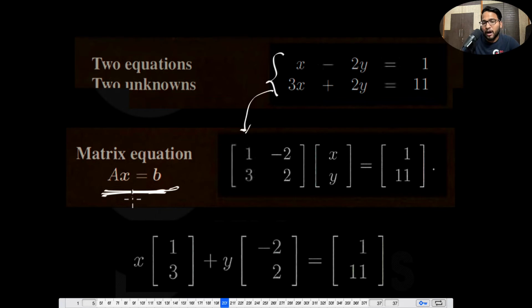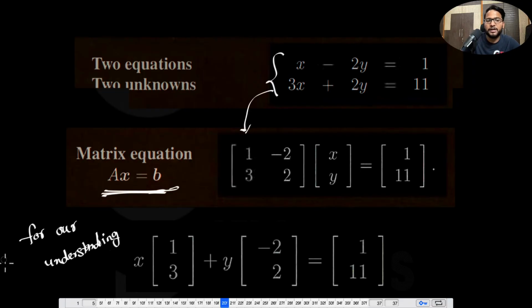And just for our understanding purpose, we may also understand this Ax equal to B like this also, which means we will say it is x times the first column and y times the second column. This is what we can do for our understanding. And this is actually very useful. This kind of understanding will be very useful for Ax equal to B. So all the dots will get connected.